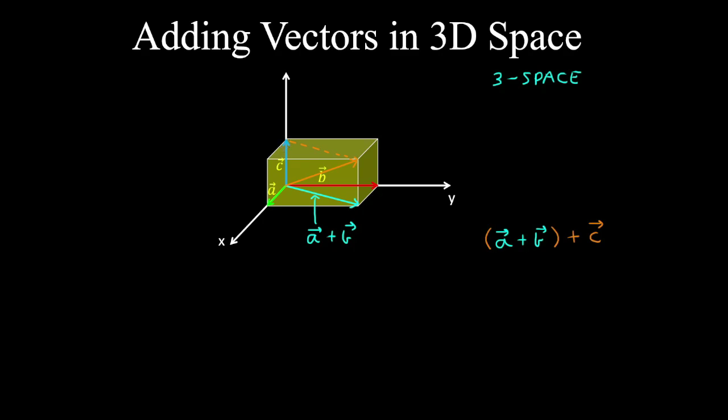Now alternatively, we could have put the initial point of C at the terminal point of A plus B, so it would look like this. And our resultant vector is drawn from the initial point of A plus B to the terminal point of C. So that gives the same result.